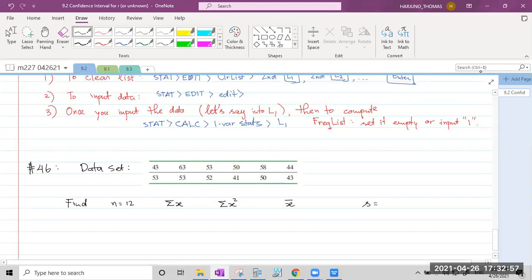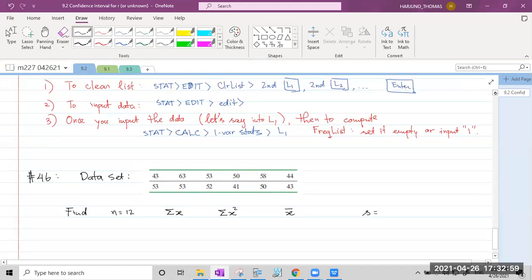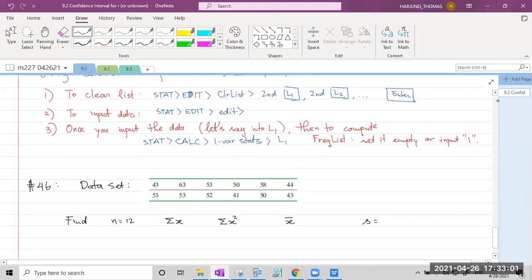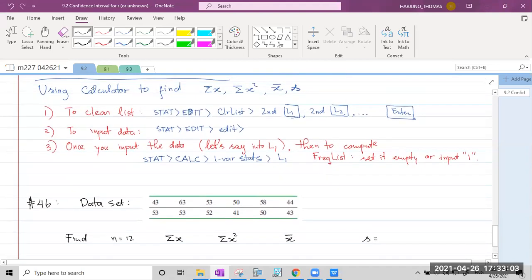So I need you to go back, maybe you input that in second list, right? So you go ahead to input data right away, but put it in second list. Okay, now after you input the data, I want you to tell me what you get by calculating the one variable stats.